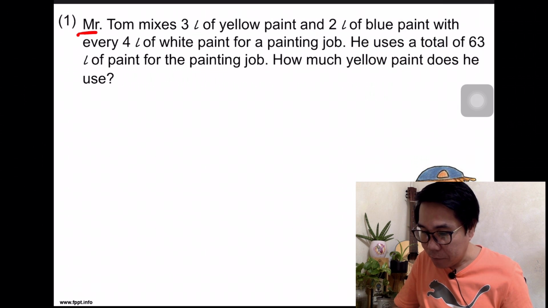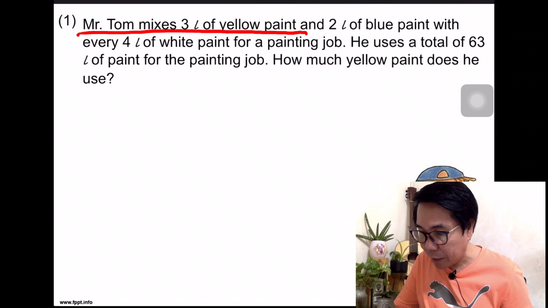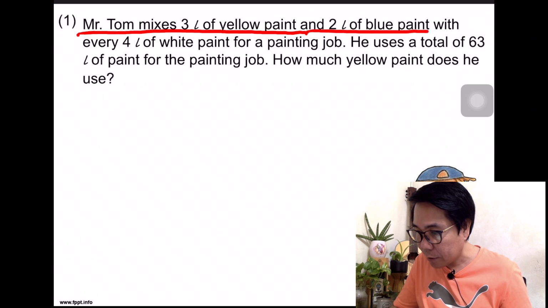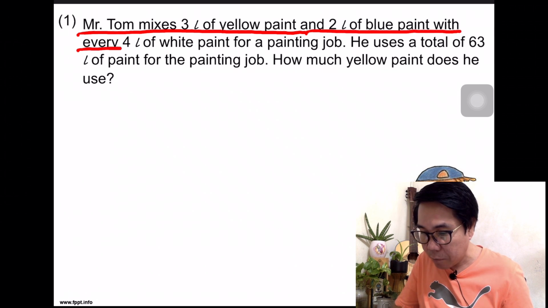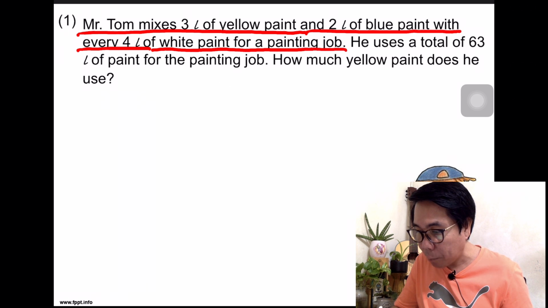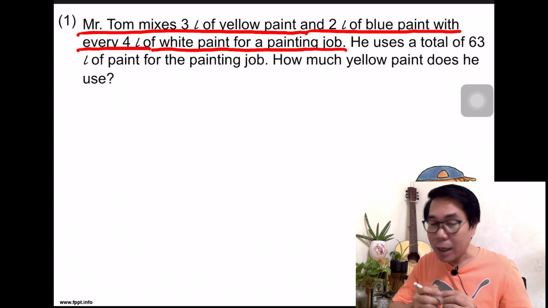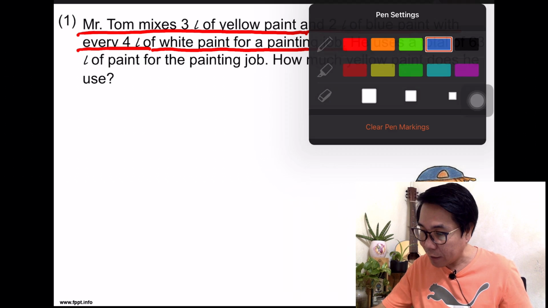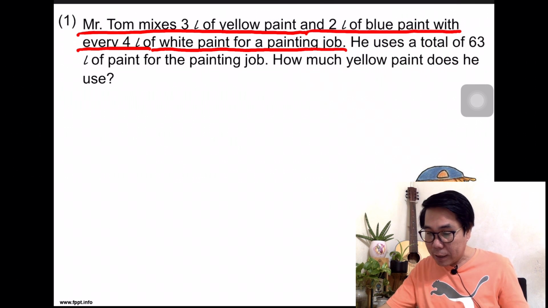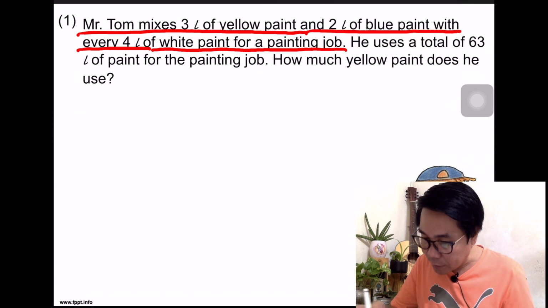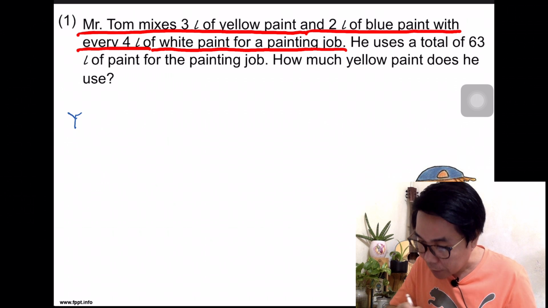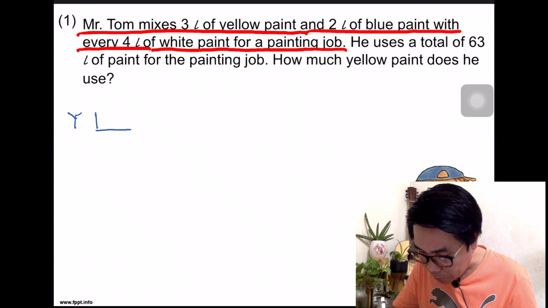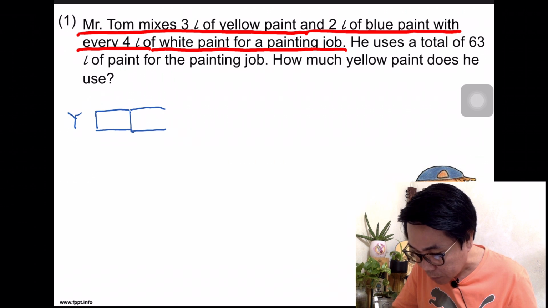Mr. Tom mixes 3 liters of yellow paint and 2 liters of blue paint with every 4 liters of white paint for a painting job. Okay, so in the first statement, we can draw the model for it. So yellow paint is 3 liters, so that means there's 3 models or 3 units.